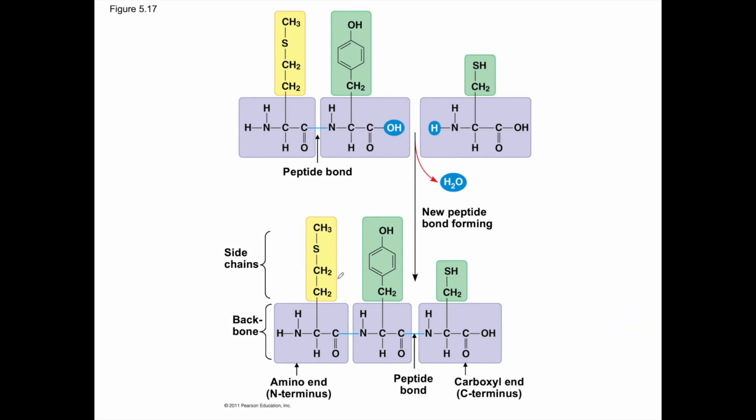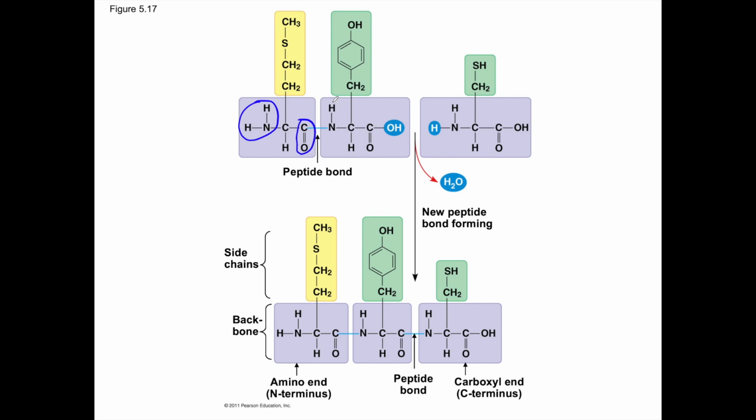Polypeptides or proteins, they actually have 2 different ends. And the reason for that is because of how amino acids are joined to each other. Okay, you can join any amino acid to any other amino acid. The reason is because you always join them by the carboxyl group and the amino group. So you have an amino group here, a carboxyl group here.